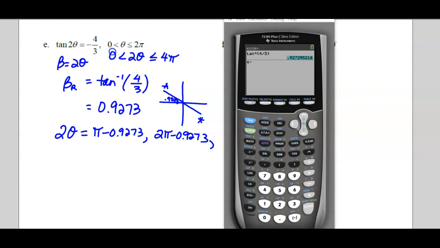So then 2 pi, so here, that's going to be 3 pi minus 0.9273, and then 4 pi minus 0.9273.